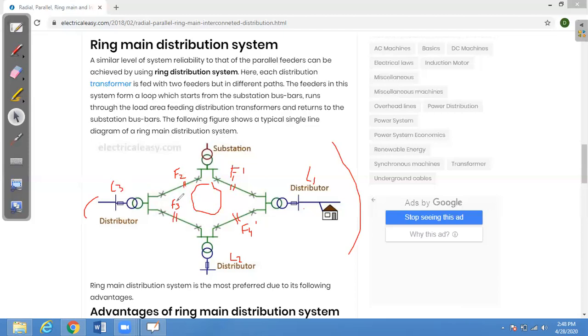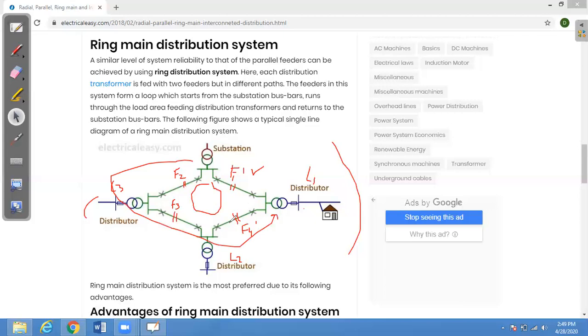Now what if अगर आपके पास फीडर जो है तो वो फेल कर जाए, if this F1 fails, so in this case you can supply the power to this L1 through F2, F3 and F4.